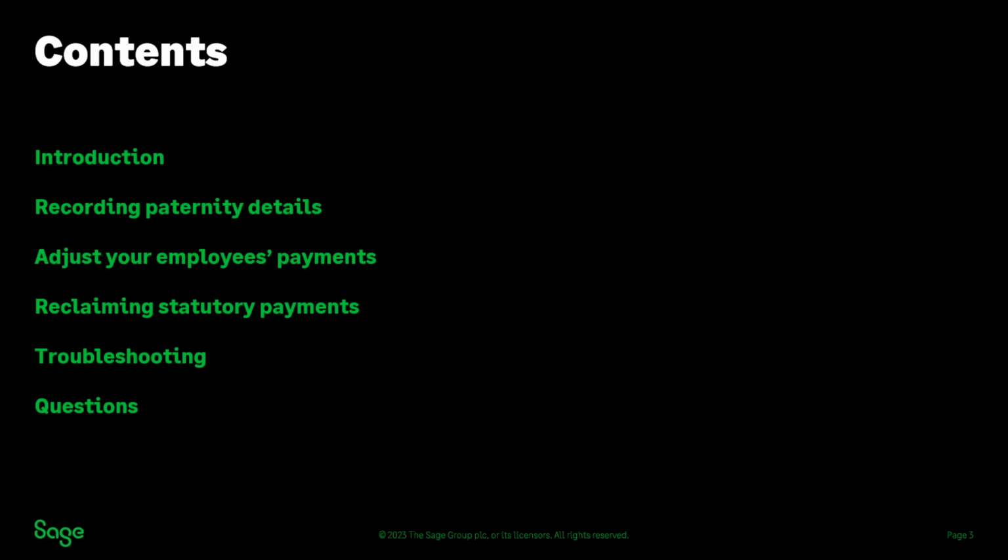And then we'll show you the process for reclaiming statutory parental payments and how to submit an EPS to report the amount reclaimed. Also have some troubleshooting tips around common SPP issues, and we'll cover off those final questions as we get to the end of the webinar.